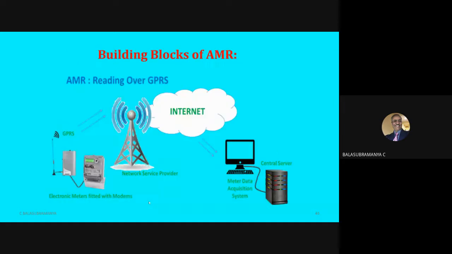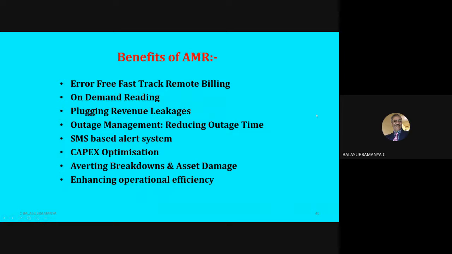Okay, right. So this is the building block of AMR. You can see here the electronic meter is fitted here. GPRS, General Packet Radio Service. This is AMR, internet, the cloud actually, and then it goes to the computer with a server. So this is how the building block of an AMR system is driven.